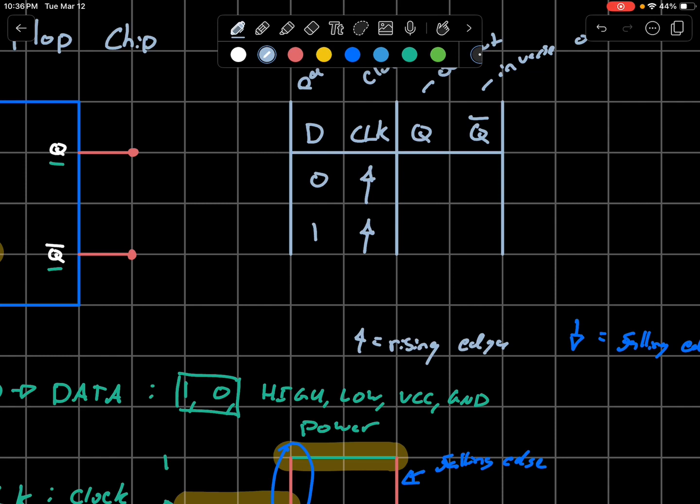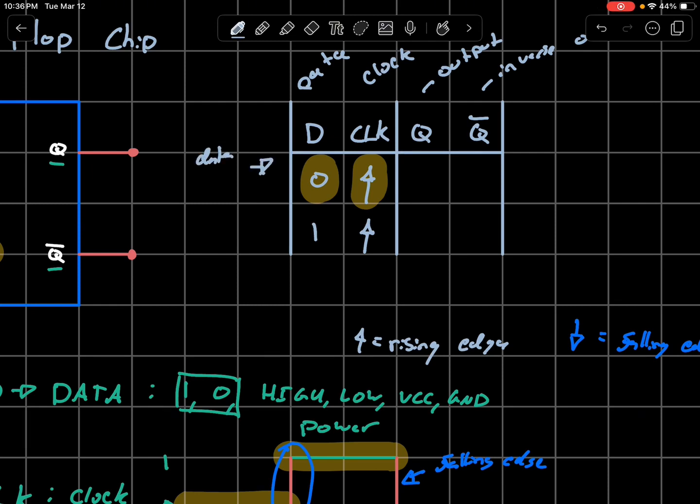So, in this example here, assuming that the clock is on its rising edge, we look at data, and we know that the output of Q must be equal to data. The data in is 0, so Q would be 0, and the subsequent inverse of 0 would be 1.